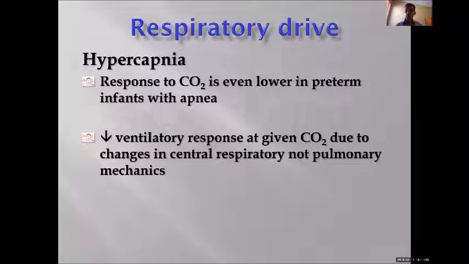But remember, the central depression, or central inappropriate response, that leads to decreased ventilatory response in a premature baby is centrally mediated and has nothing to do with the pulmonary mechanics. So even if you ventilate, the baby will still have apnea.